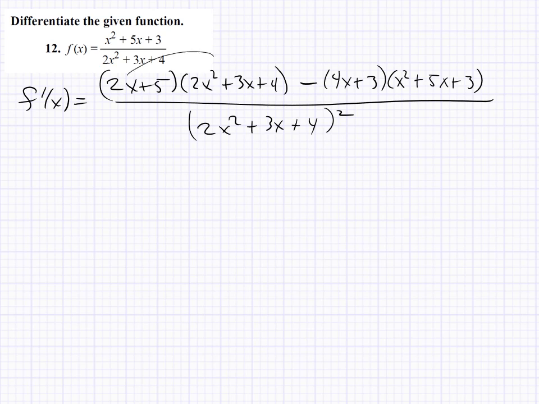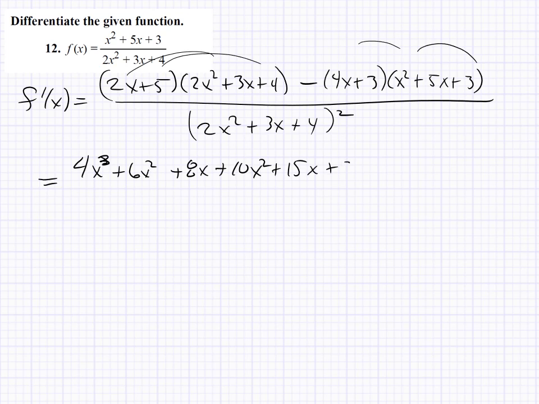Last step is just algebra. We'll distribute all this out. We'll collect like terms, and we'll wrap it up. So we got 4x cubed. What do we got here? Plus 6x squared plus 8x plus 10x squared plus 15x plus 20. And then this is going to distribute out, and this negative, basically everything's going to be negative after we distribute this out.